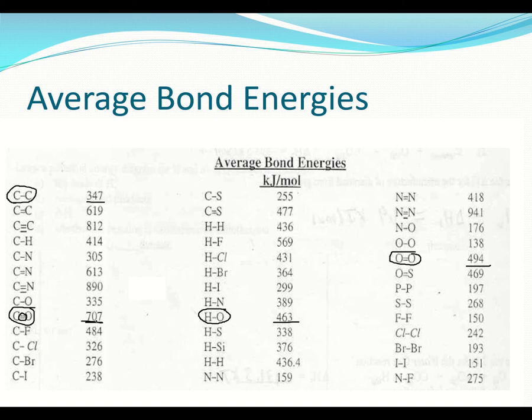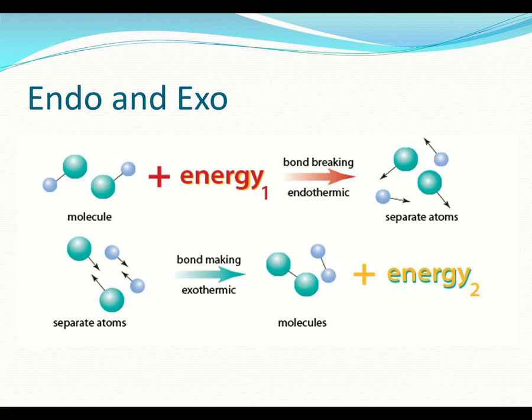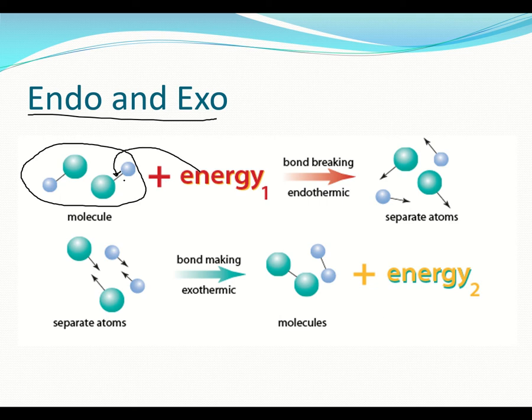So if I want to break those bonds, I have to input that amount of energy, and if I make bonds, that's how much energy I get off. Right? And that's what this says here. So there can be endothermic and exothermic. So endothermic means it takes in energy. So if you have a molecule and the bonds are together, it requires energy to break those bonds, right?